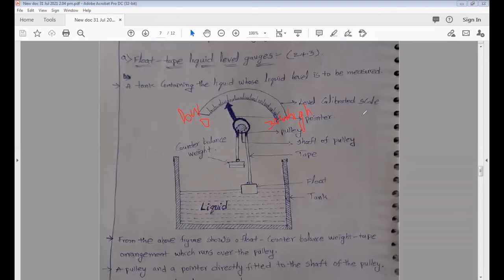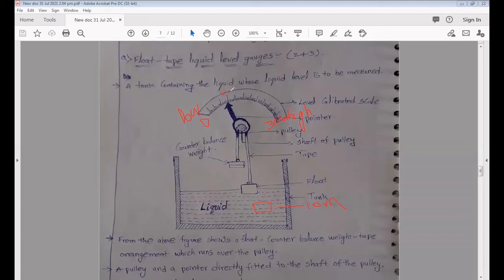Now the principle of operation: suppose the water tank level is at a certain level, for example 10 meters. Then the float is also at the 10 meter surface level, so the graduated scale will read 10 meters.